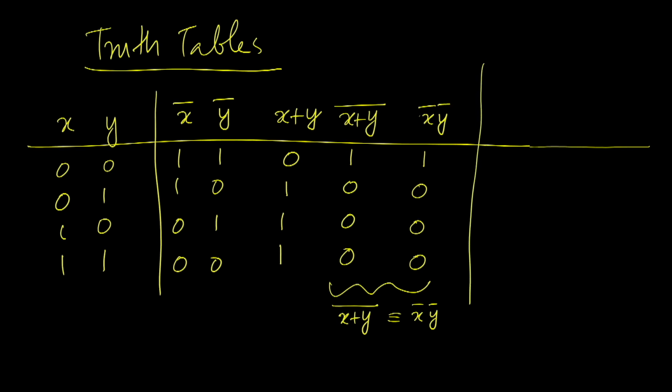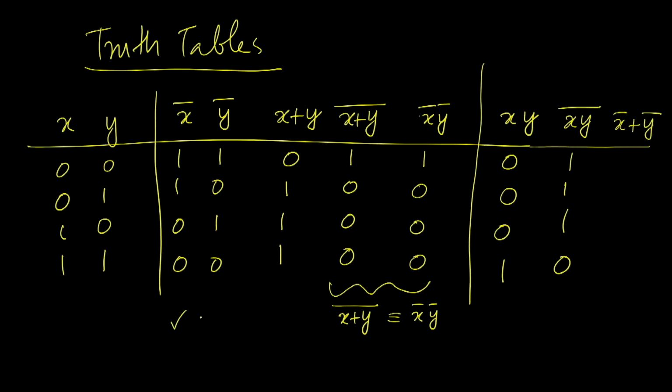Similarly, let us consider xy. Xy is 0 here, 0 and 0, 0 and 1 is 0, 1 and 0 is 0 and 1 and 1 is 1. So xy is 0, 0, 0, 1. Then what would be xy complement? That would be 1, 1, 1 and 0. And what would be x bar or y bar?